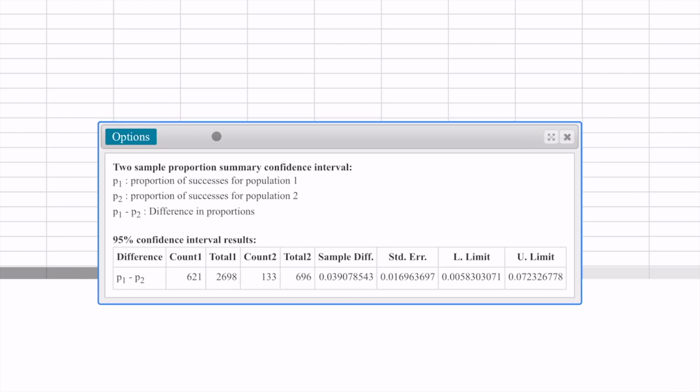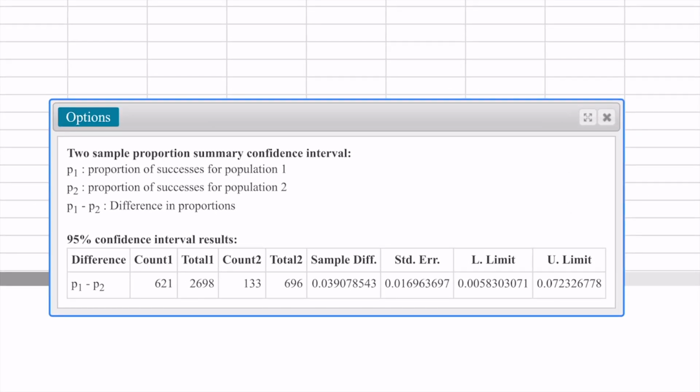Drag this over. And look at that. That is our confidence interval. I want to bring your attention to the standard error. Look at that, to 3 decimal places, 0.017. Exactly what we did by hand. And then our lower and upper limits of our bounds are very much in line with what we calculated. Once again, there's going to be a little bit of difference because of rounding and because of the fact that, remember, we had to round the counts.